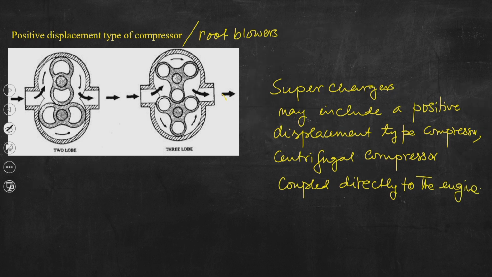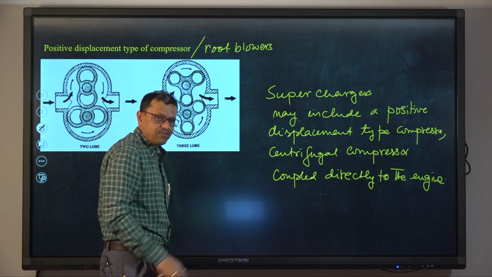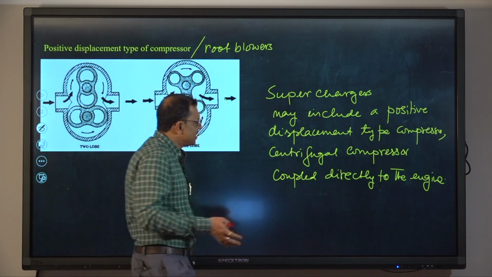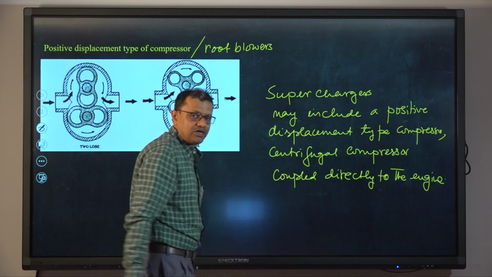Okay. So, it is not always a necessity that superchargers should include only positive displacement type. It may also include centrifugal type compressor coupled directly to the engine.